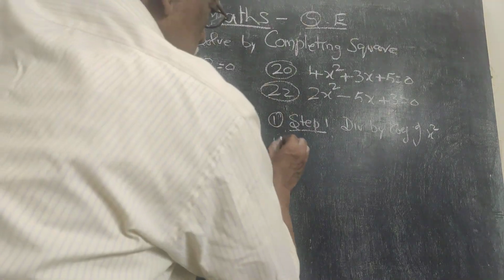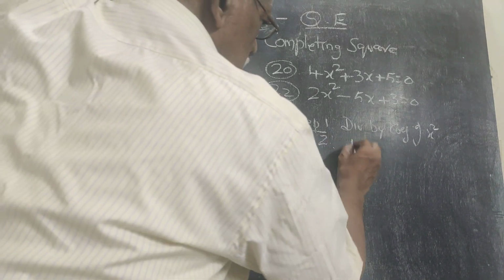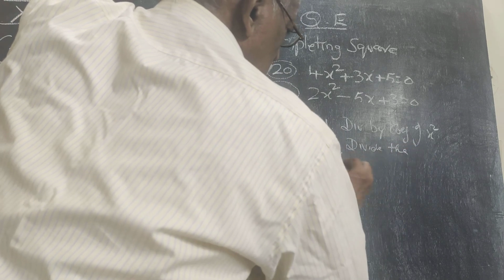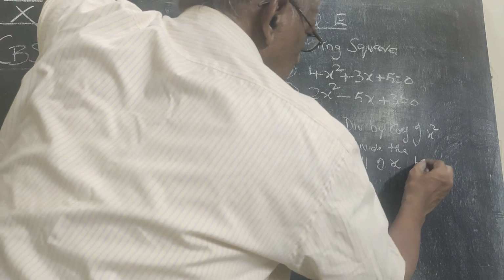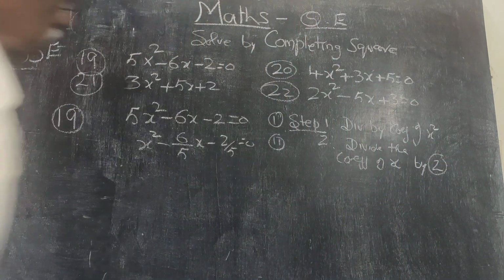Step 2. Divide the coefficient of x by 2 always.